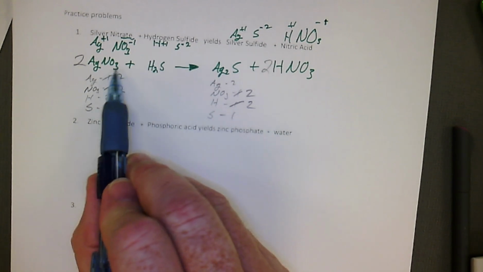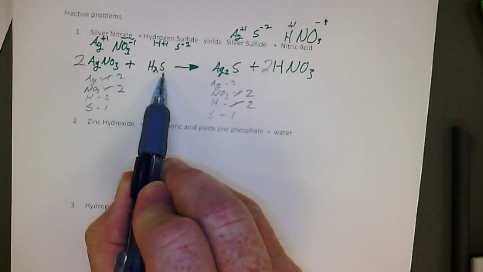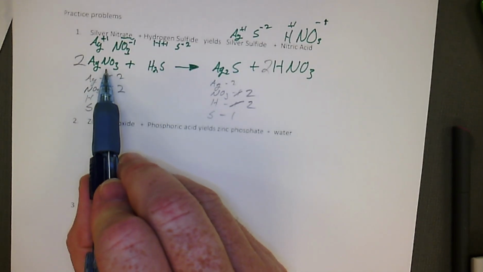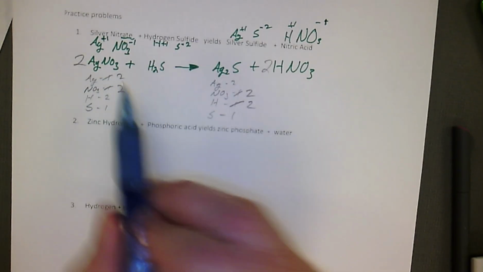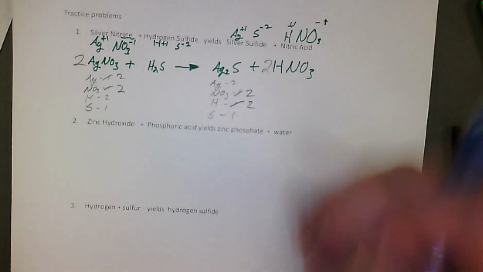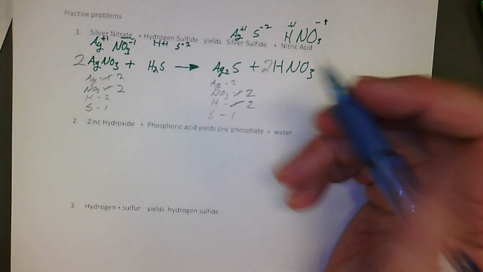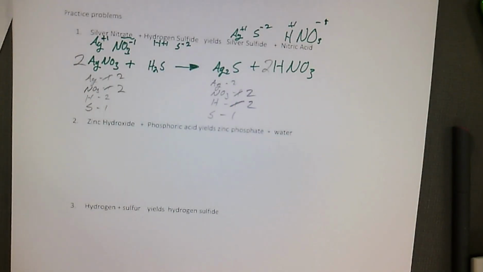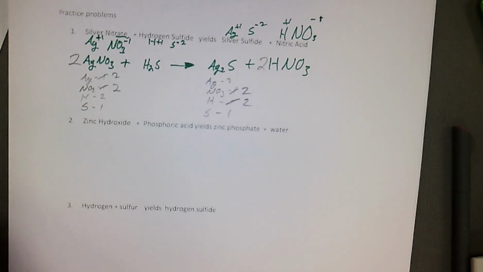Positives go with negatives. So if there's a reaction, it's got to go with the negative from this. The H with the positive goes with the NO3. Does that make sense? That's one of the ways we can do it. So this next one, we're going to kind of do that way, where we just look at the first half and we try to not look at the second half and predict it. Okay, so let's go.